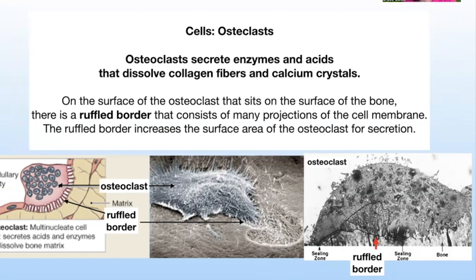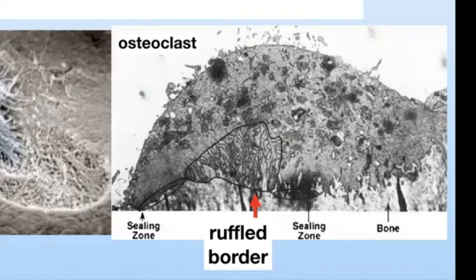Osteoclasts secrete enzymes and acids that dissolve collagen fibers and calcium crystals, respectively. On the surface of the osteoclast that sits on the surface of the bone, there is a ruffled border that consists of many projections of the cell membrane. The ruffled border increases the surface area of the osteoclast for secretion of the enzymes and the acids.